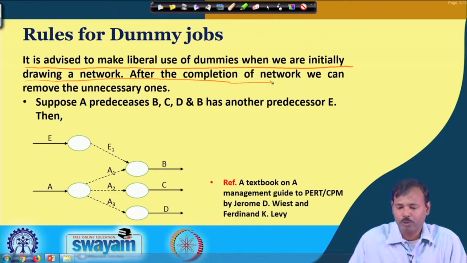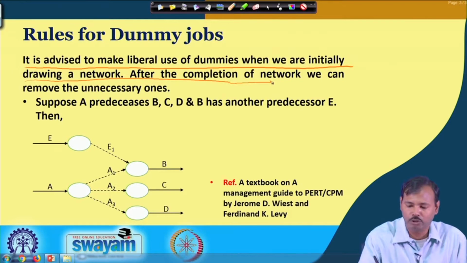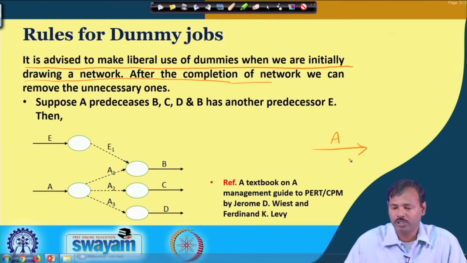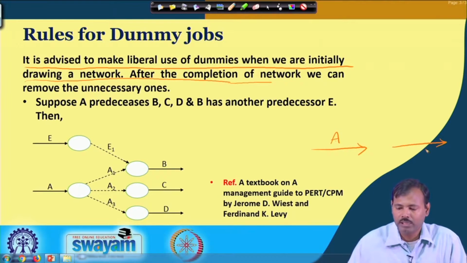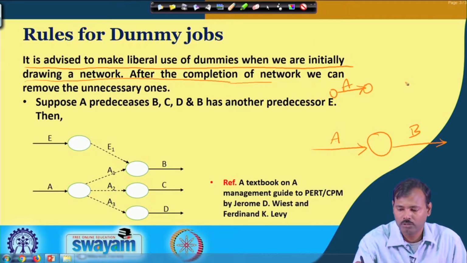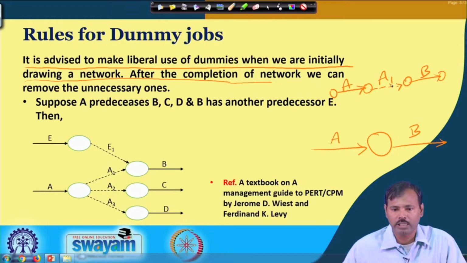Suppose it is mentioned that job A is the only predecessor of job B. Instead of placing a single node between them, let us first separate all the jobs with initial and terminal nodes and connect them with dummy activities, let us say A1.